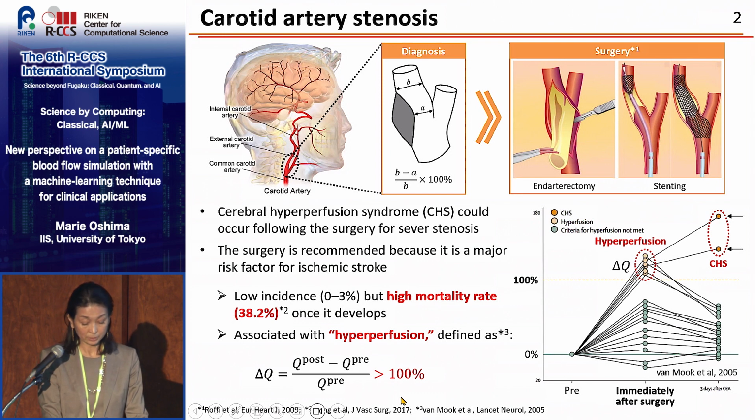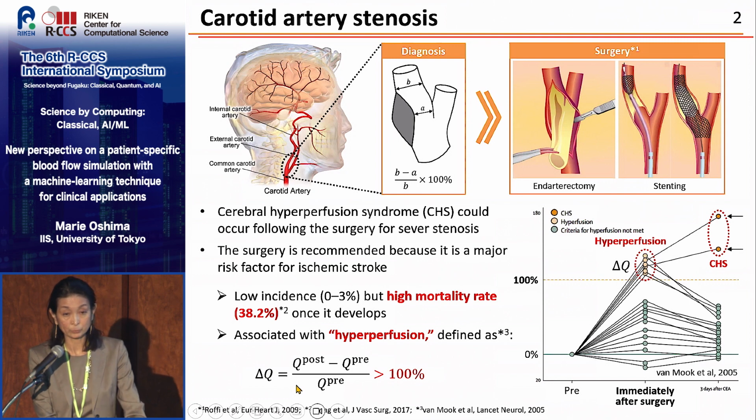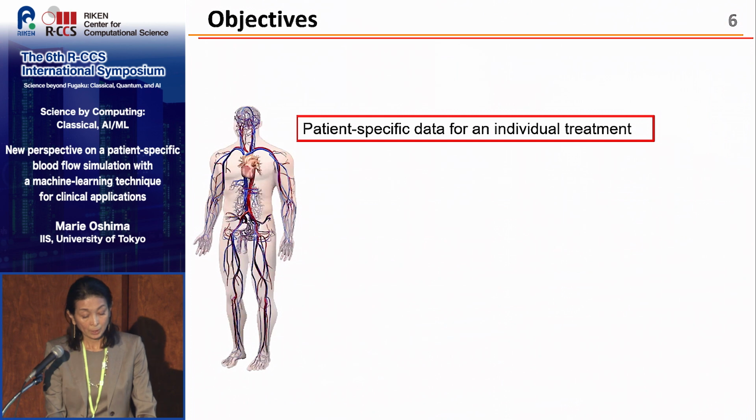This means the flow rate in the brain after the surgery becomes twice as much as that before the surgery. So if we compare the difference between before and after the surgery, we can diagnose the risk of the CHS.